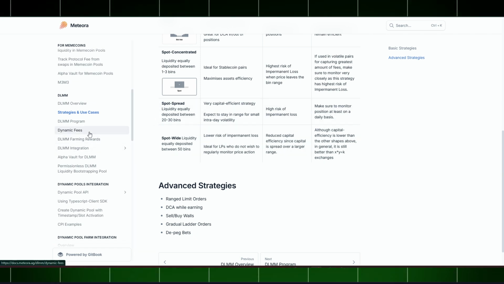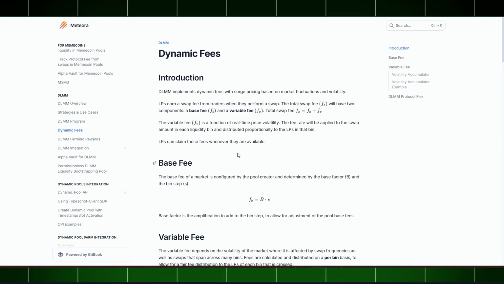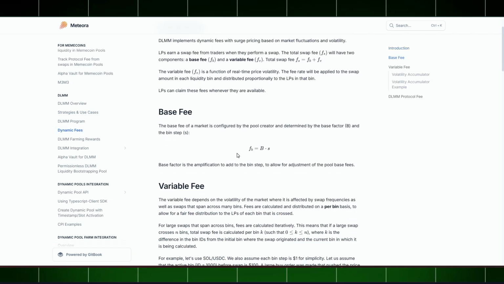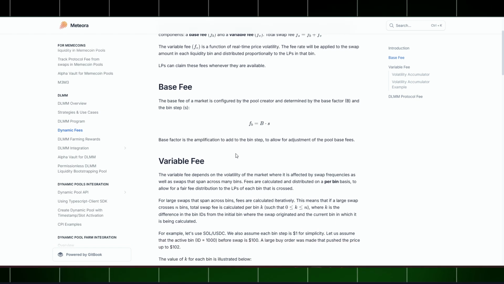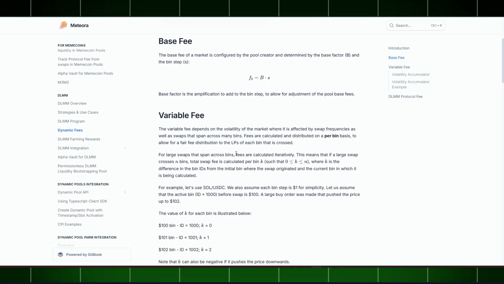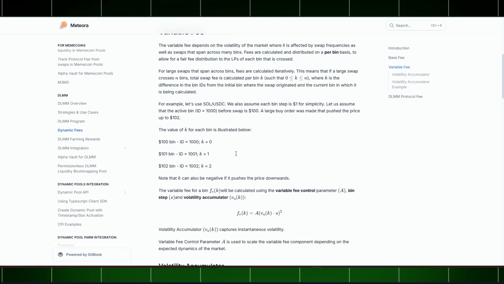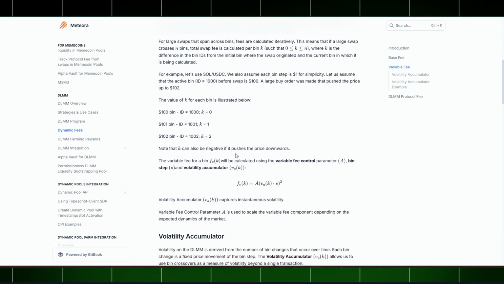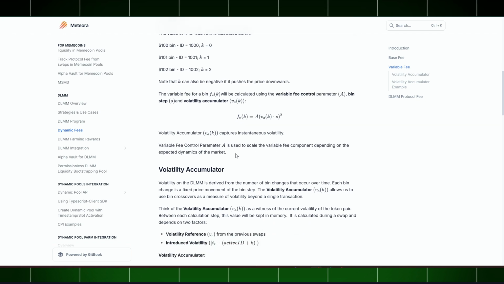As we mentioned, swaps within the active bin experience zero slippage, leading to better execution for traders. And flexible liquidity: LPs have the flexibility to create custom liquidity distributions based on their specific strategies. And single-sided liquidity: unlike typical AMMs, the DLMM allows you to provide liquidity with just one token.